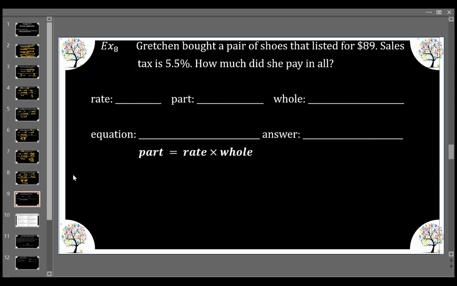Gretchen bought a pair of shoes that listed for $89. Sales tax is 5.5%. How much did she pay in all? The shoes originally are $89, so she has to pay for the shoes. She also has to pay sales tax, which is 0.055.